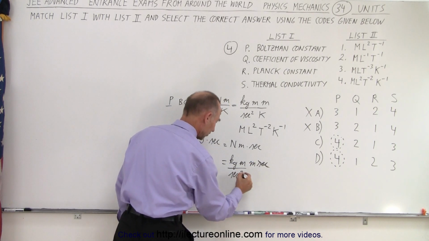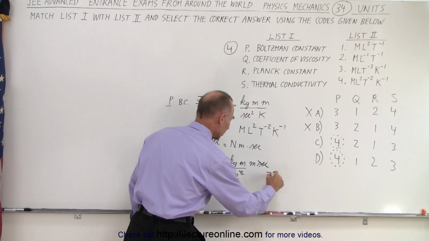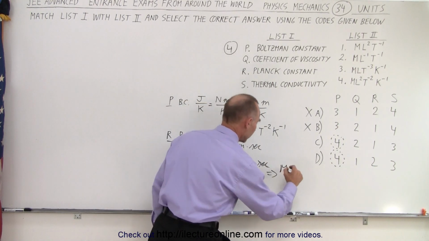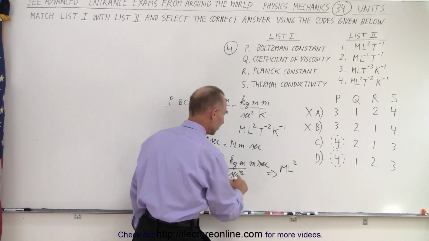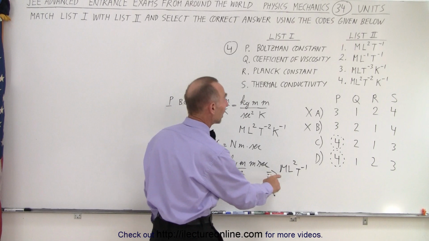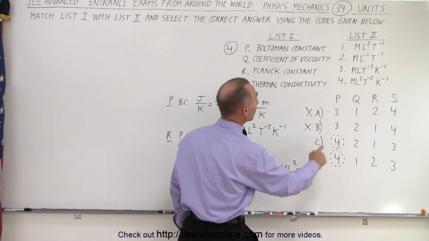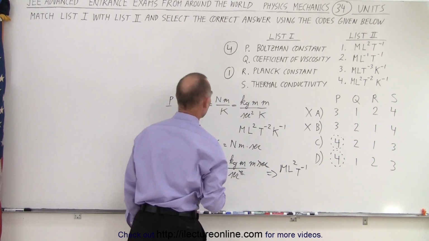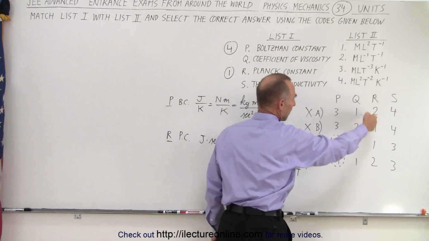Then this seconds cancels out one of those seconds. So we end up with mass, meters squared, that would be length squared, and seconds in the denominator, T to the minus 1. What matches that? M L squared T to the minus 1, that is 1. So Planck's constant matches with 1. So R matches with 1.